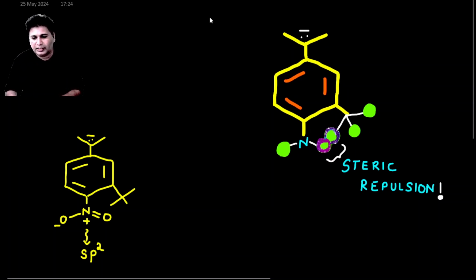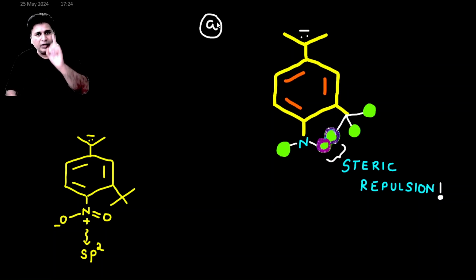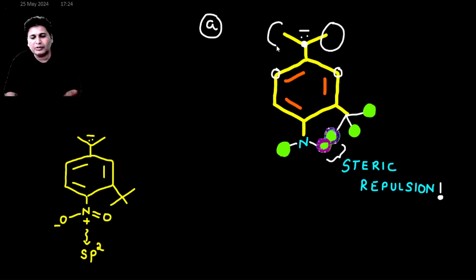So this is case number A I have taken, and in case A, the carbanion A, you see that this is a carbanion, a carbon which bears a minus charge. At the ortho position there are no bulky groups, simple small hydrogens are there, so there will be no problem to these two methyl groups which are attached with this carbon.